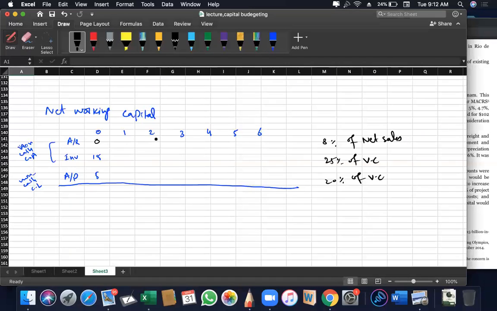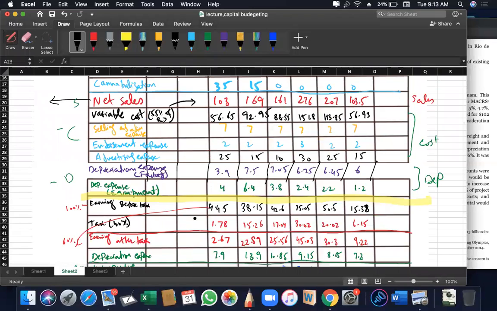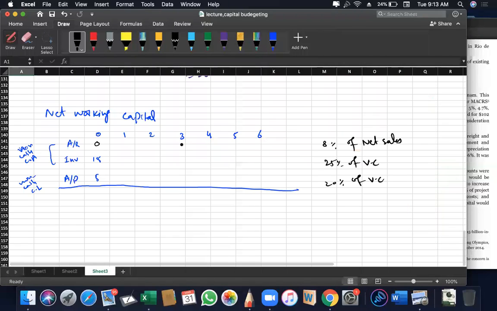So again, we have to use the data of the sales. How can we find it? We have to multiply 8% with each year sales. Which sales? Net sales.